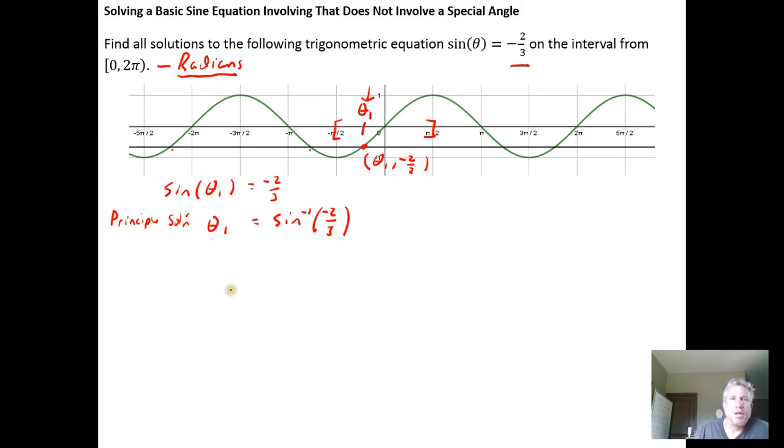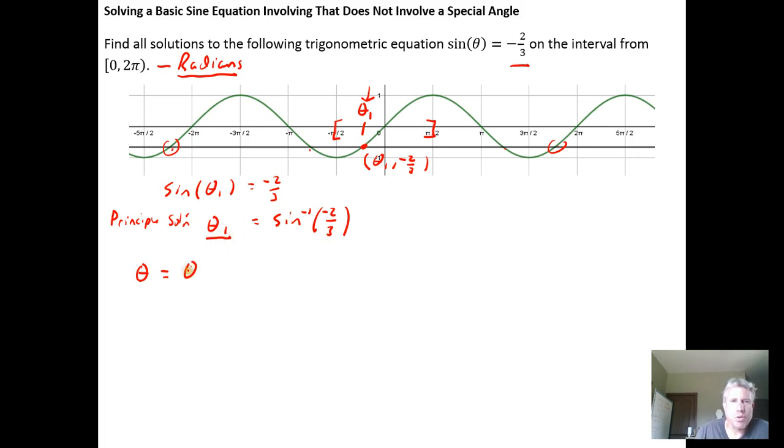But we know that every angle coterminal with this angle, so this is to the right of the trough, there's another intersection to the right of the trough, another intersection to the right of the trough, these are all coterminal with this solution. So we know that any angle theta is a solution if it is coterminal with theta sub 1.